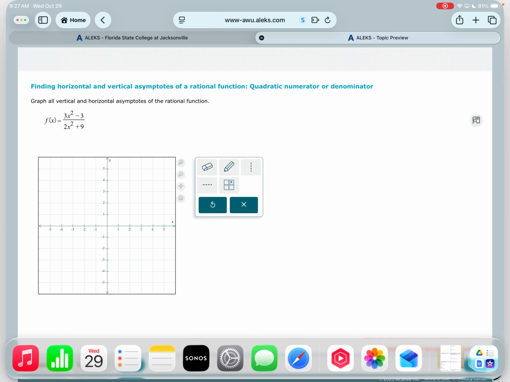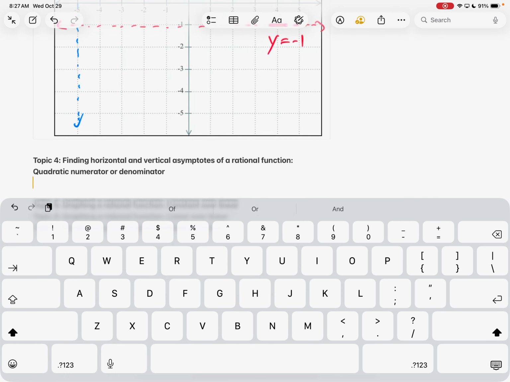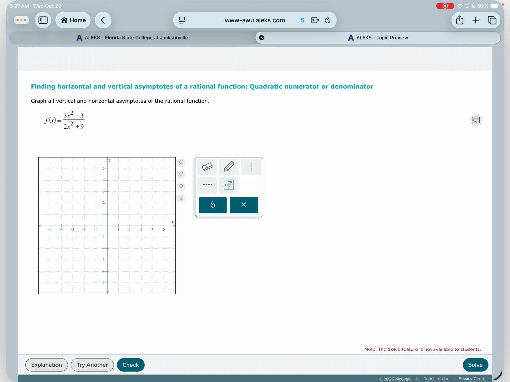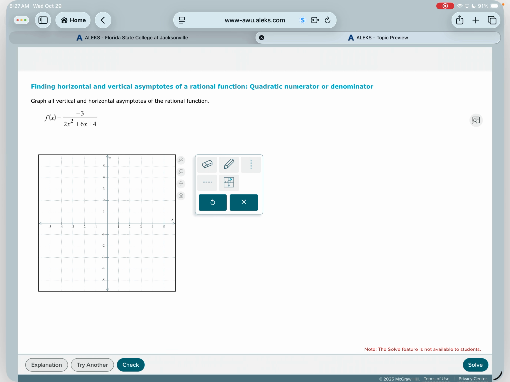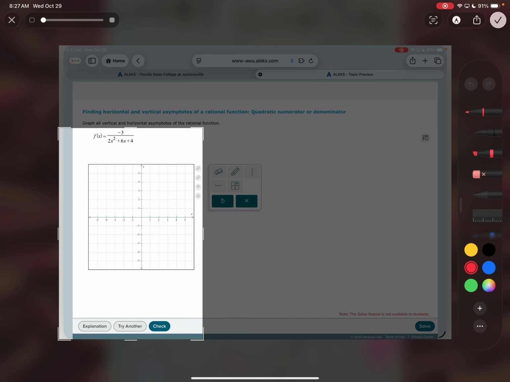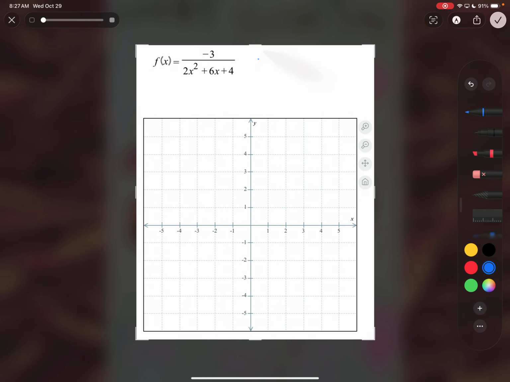I believe this one may mix them up. So like that one, the degrees were equal. And that one, they'll be equal. That one you got to factor. So this one right here, when I do my vertical asymptote, set the denominator equal to 0.